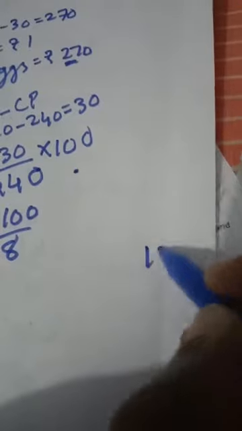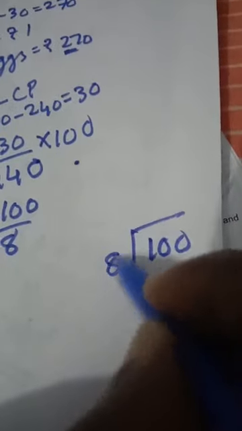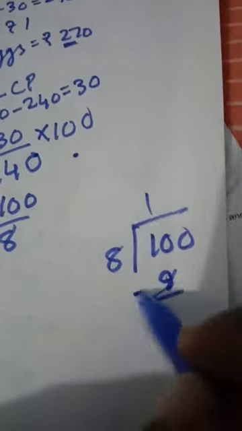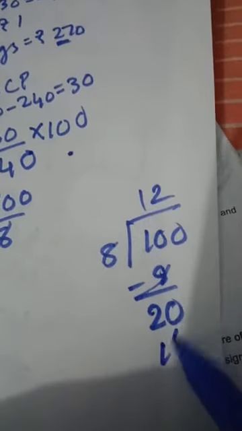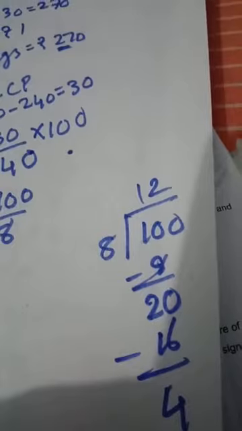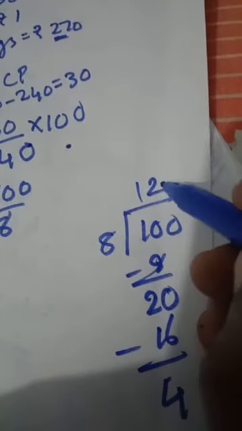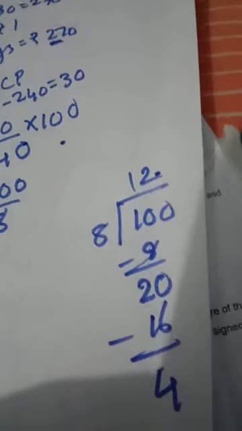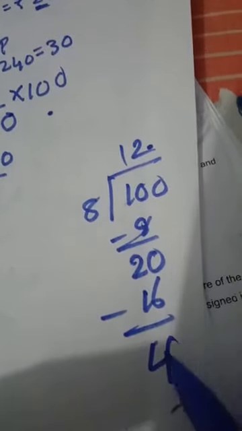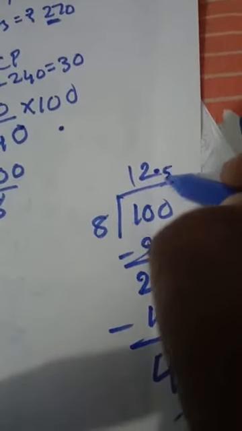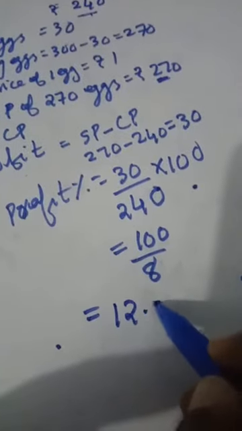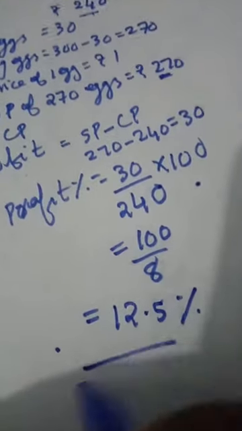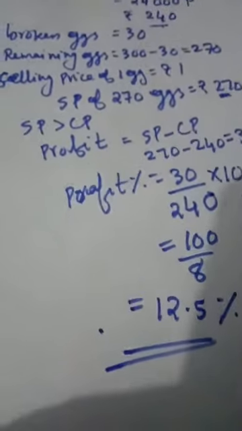We can calculate. 1 8 is 8, remainder 2, bring 0, 20. 2 8s are 16, remainder 4, bring a point and a 0, 40. 5 8s are 40. So the answer is 12.5% profit. Profit percentage is 12.5.